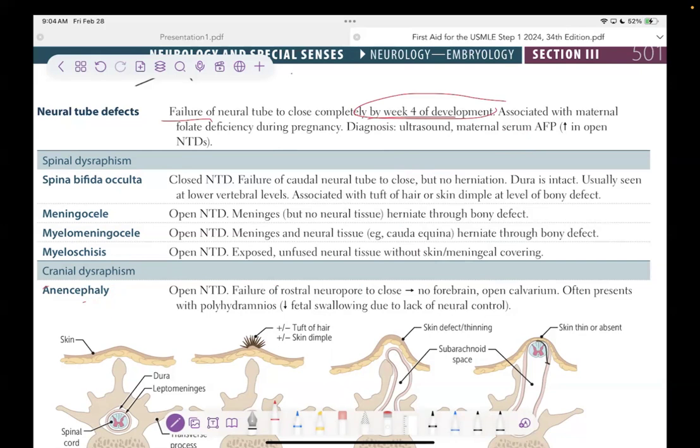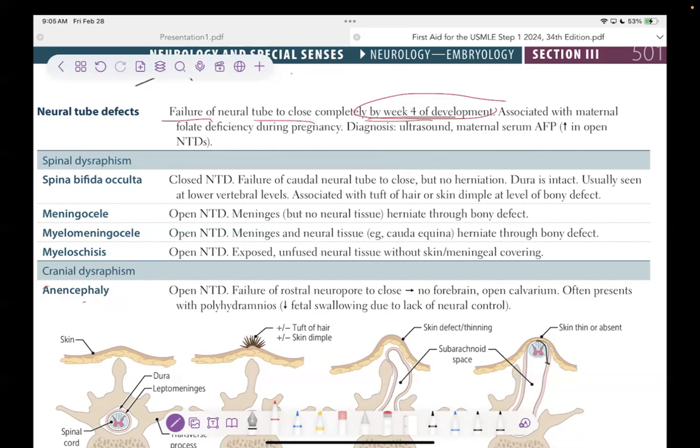Week 4 of development means that still 1 month is not completed in the menstrual cycle. So the woman doesn't even know that she's pregnant, but the embryo is growing inside, right? So the neural tube should close before week 4 of development.